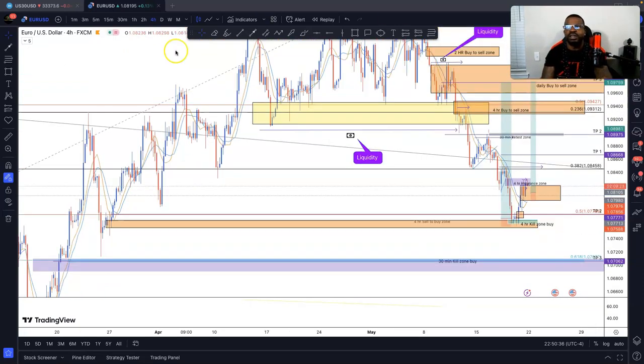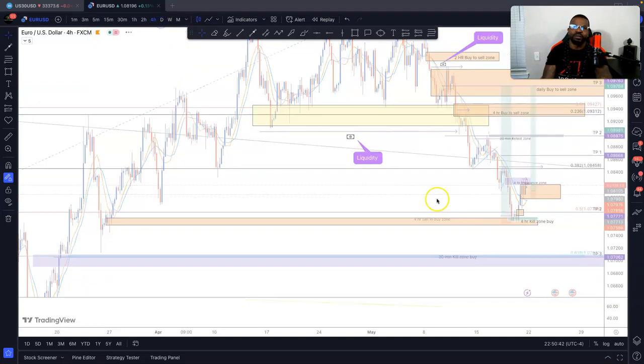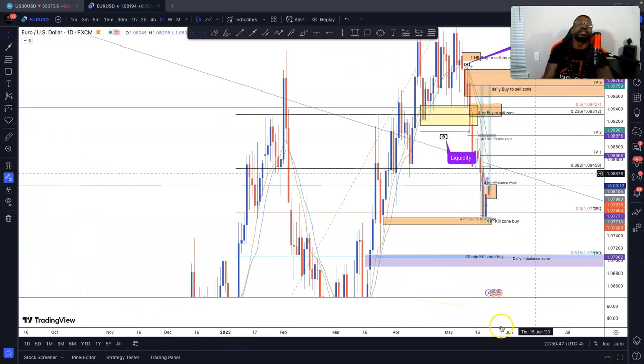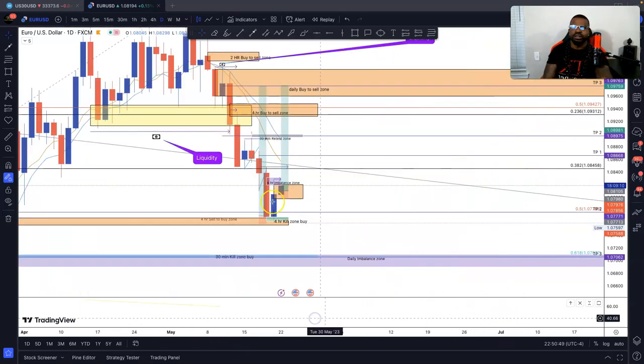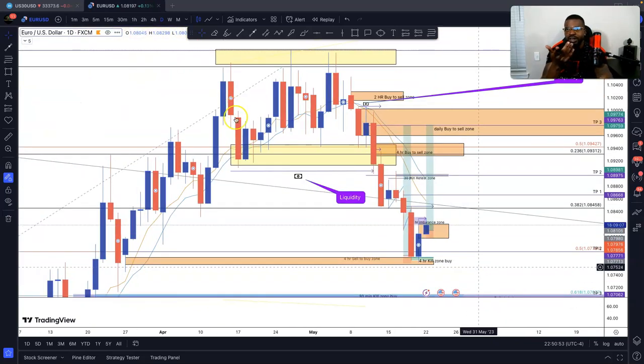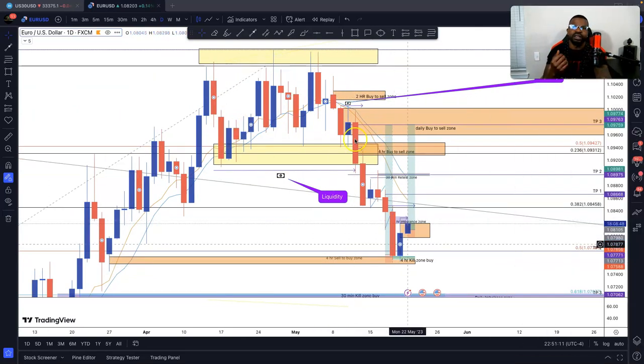Price was traveling in consolidation for a while. Let me go to a higher time frame to give you guys a better picture. All right, cool. So price was traveling in consolidation or range for a while here. Yeah, so it took a week for this move to fall after price broke out of range here.